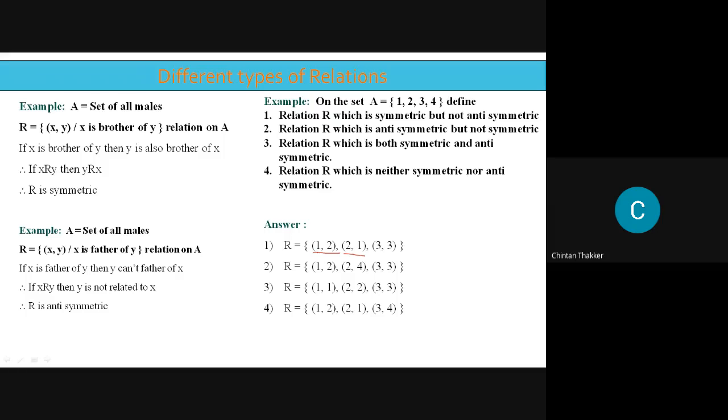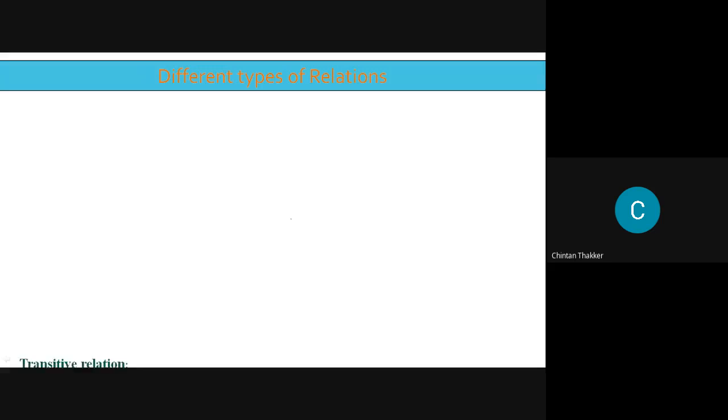So this way you can find the symmetric and anti-symmetric relation. Now the next, we have the fourth relation. It is the transitive relation. Transitive relation means if we have three elements from a set A, and the first element is related to the second element, and the second element is related to the third element, then the first element is also related to the third element.